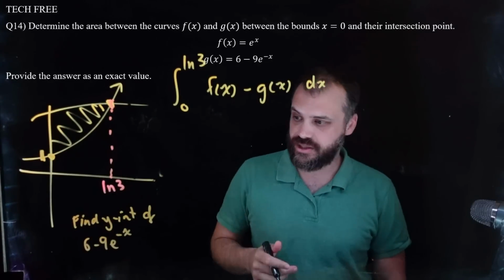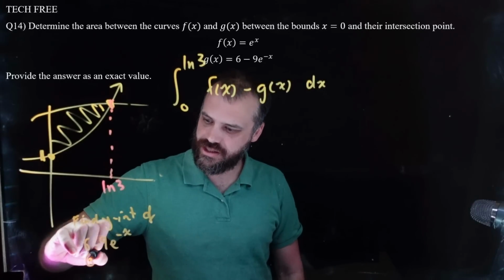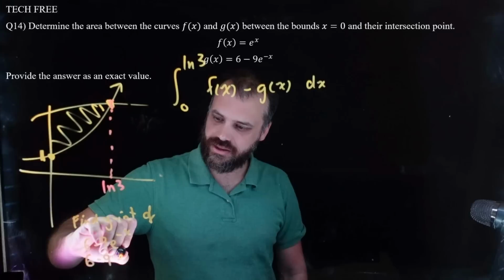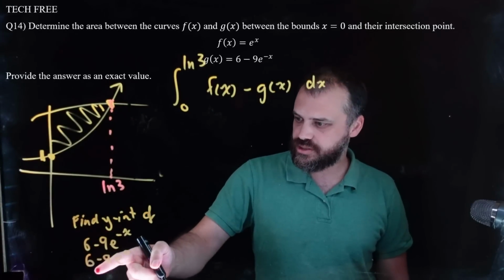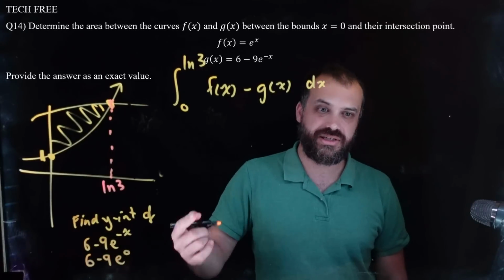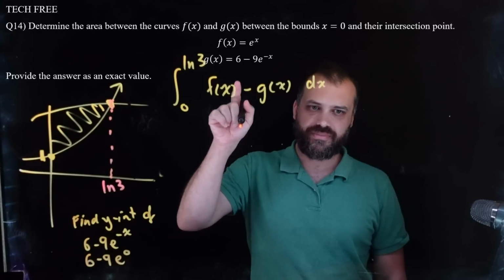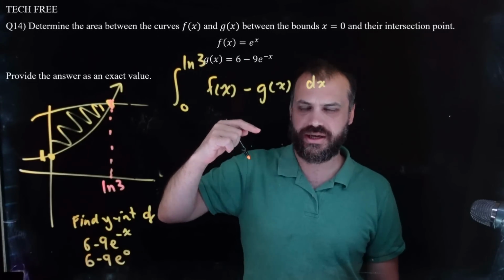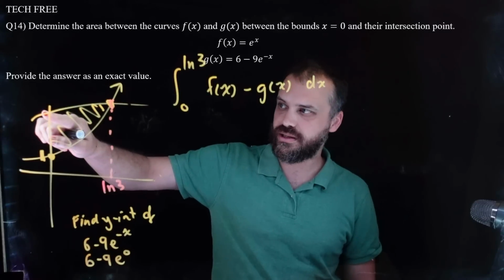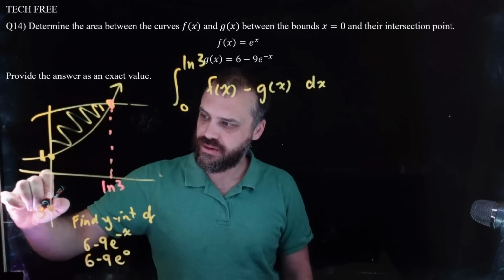You just let x equal 0. So if I let x equal 0, I get 6 minus 9e to the 0. Now e to the 0 is 1, so 6 minus 9 times 1 is 6 minus 9, which is negative 3. What does all this mean? It means that this g of x function has a y-intercept not up here, has a y-intercept all the way down there at negative 3.